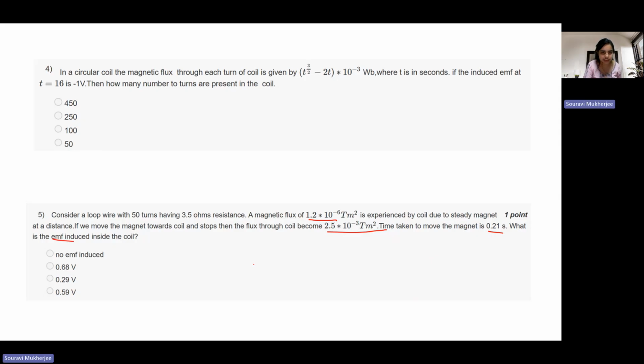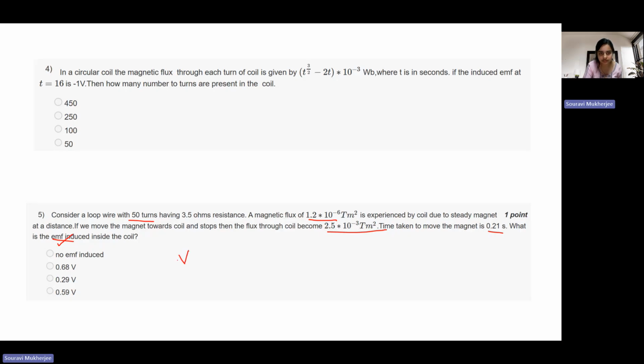Now, what is the induced EMF it is asking. So you know the rate of change of flux, and you know there are 50 turns. So if you know the rate of change of flux and the number of turns, you can just multiply to find the net voltage. Now that is your EMF. For that, you don't need the resistance yet, right? You just need the rate of change of flux into the number of turns to give you the net EMF. So now once you find the EMF, you know the potential.